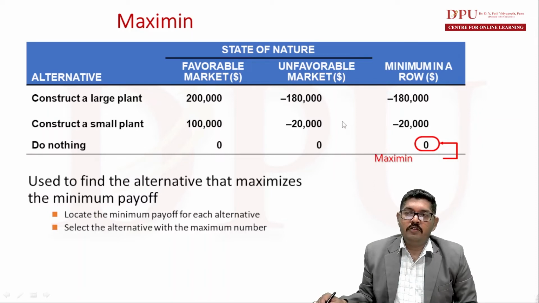We take minimum values of payoffs, and then we choose the maximum of them. This is what a firm or a decision maker expects in difficult times or in a pessimistic manner. So locate the minimum payoff of each alternative, and select the alternative with the maximum number. This is how it is done.